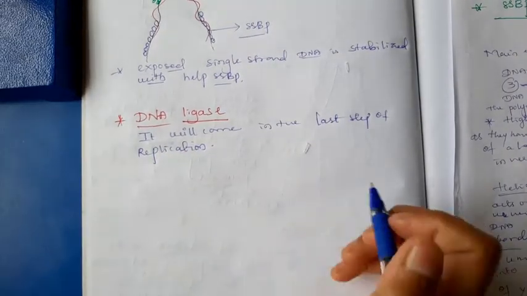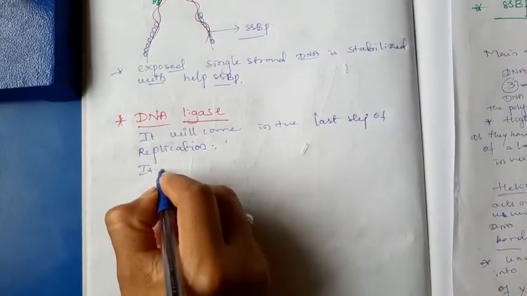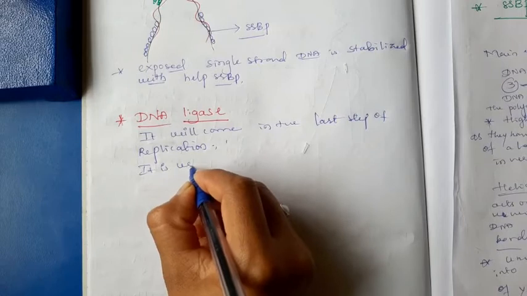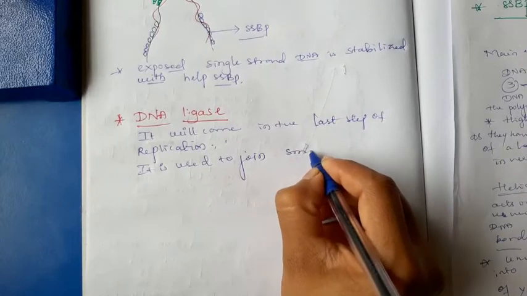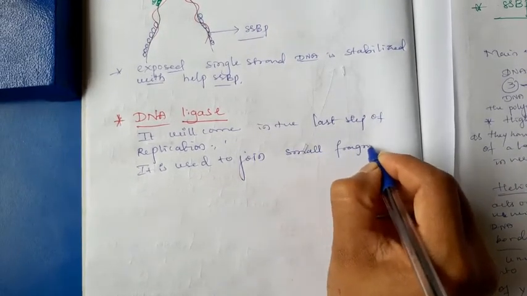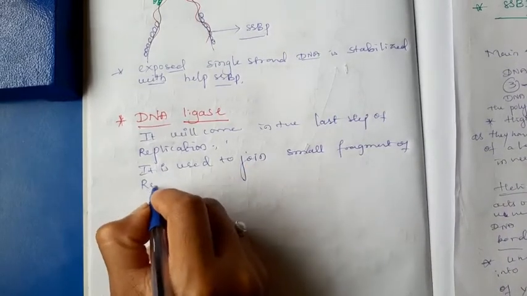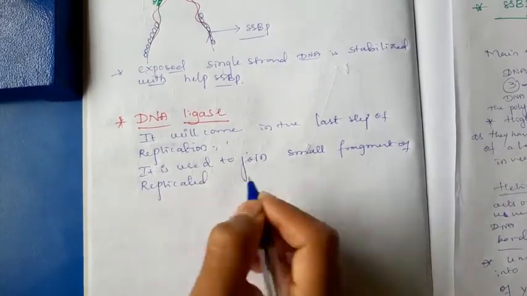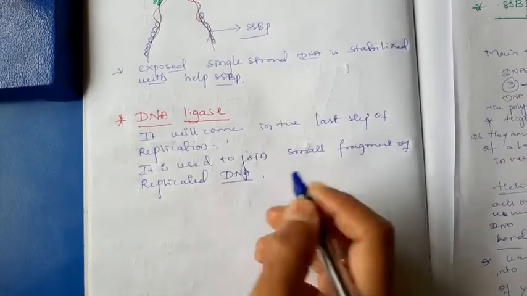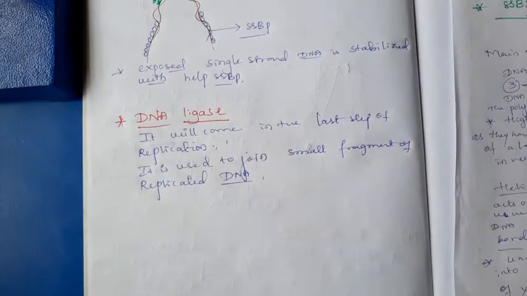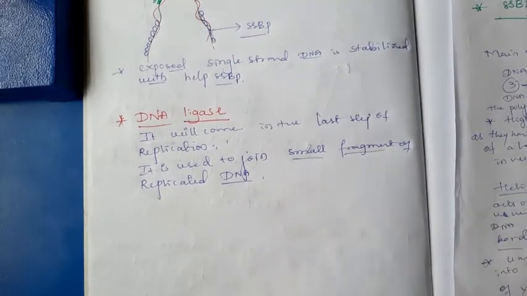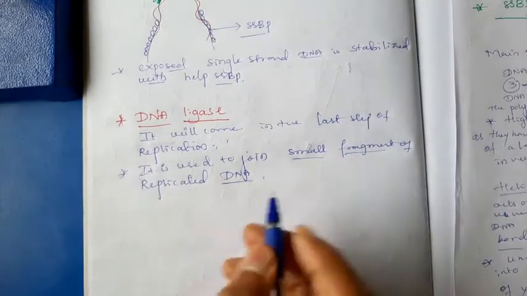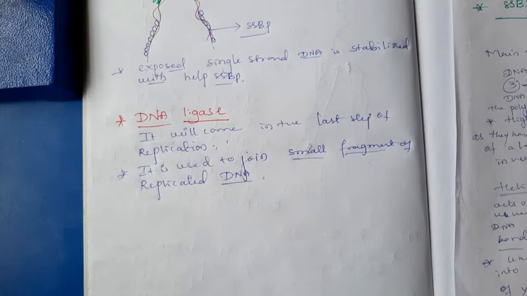In the last step of replication, it is used to join small fragments of replicated DNA. Already the new strand is replicated by using the template. There is a formation of small fragments of DNA. Those newly synthesized DNA fragments are joined or linked by the DNA ligase enzyme.